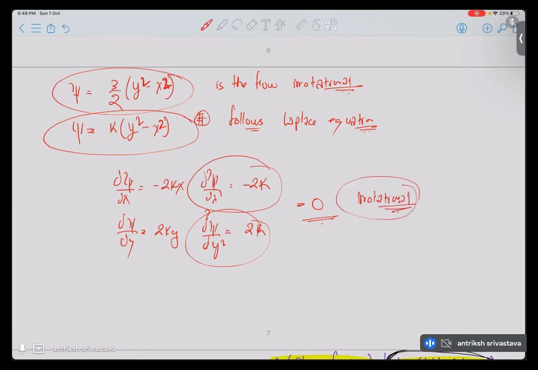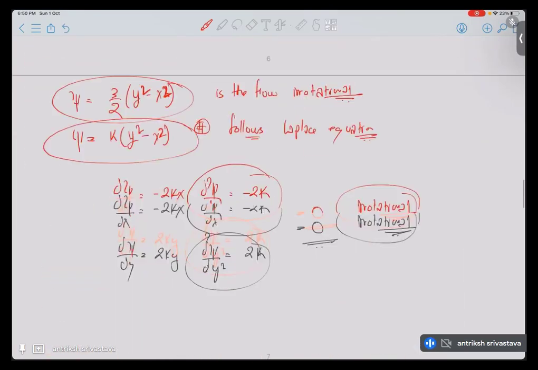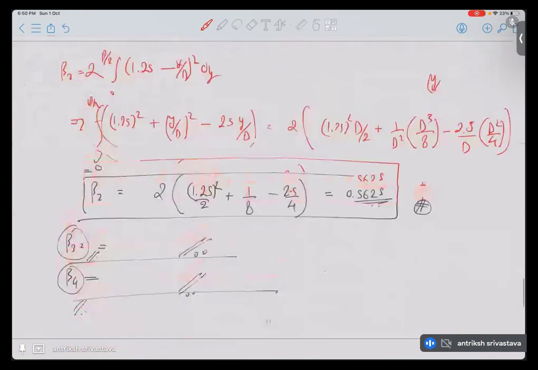And that is why we have psi, because if this flow was rotational, meaning the stream function didn't follow the Laplace equation, then we wouldn't have a feasible or real function describing the velocity potential.